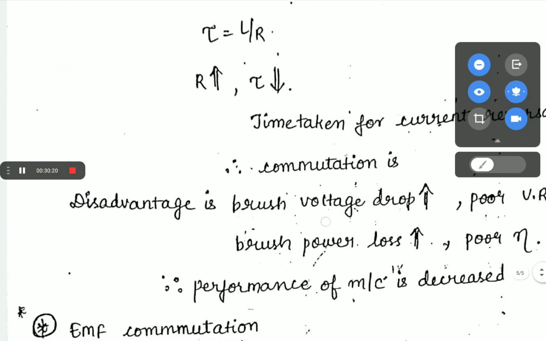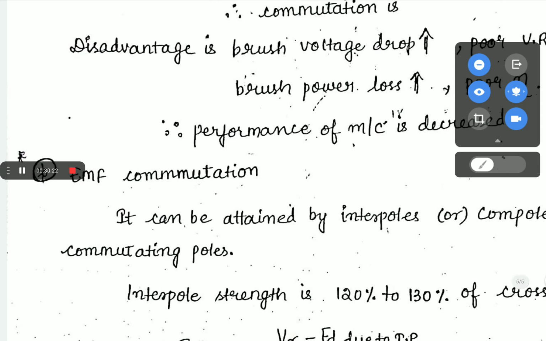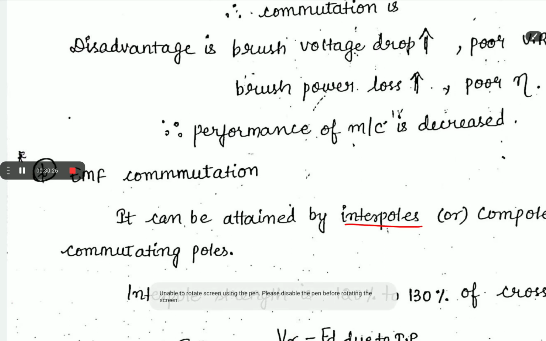And another method is EMF commutation. It can be attained by interpoles or compoles. With the poles called interpoles or compoles, we can improve the commutation using EMF. That is, a proper EMF which is sufficient to neutralize the effect of commutation is produced by using EMF commutation, or by placing interpoles.